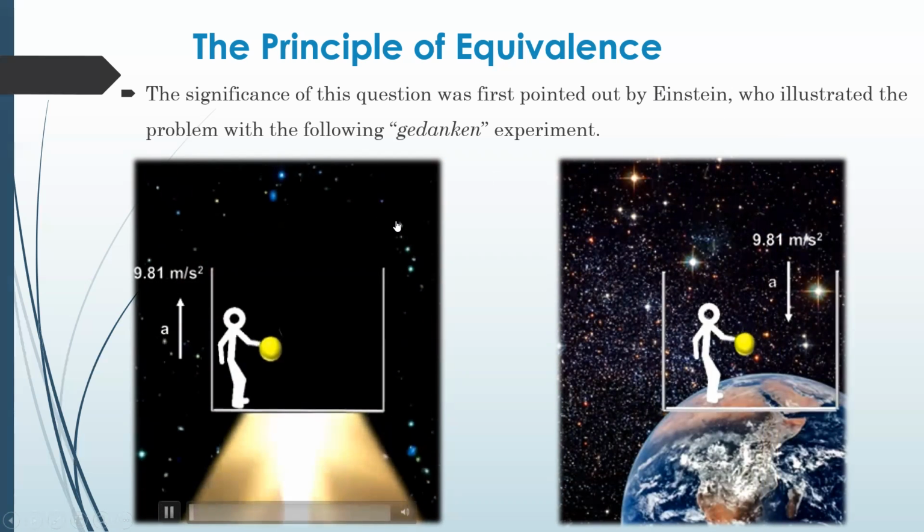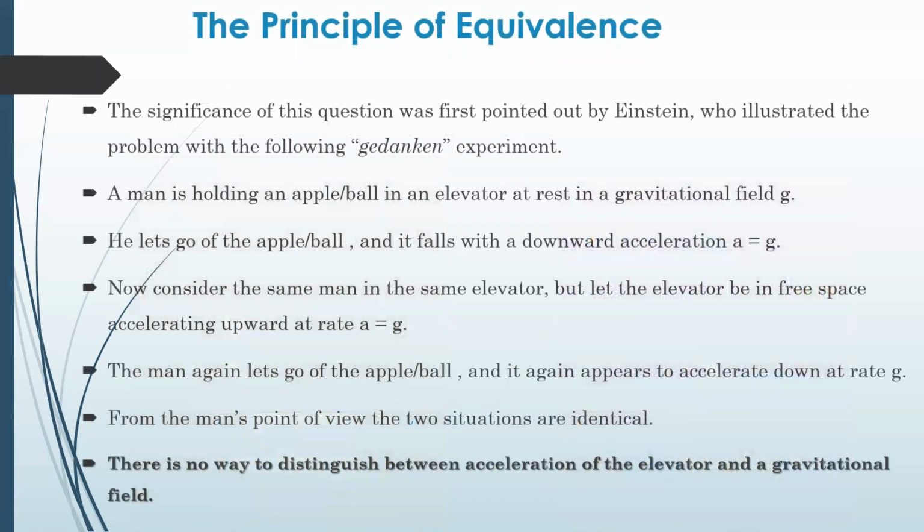Here we are explaining such a situation that a man is holding an apple or ball in an elevator at rest in the gravitational field G, and he lets go of the ball and it falls with a downward acceleration a equal to g.